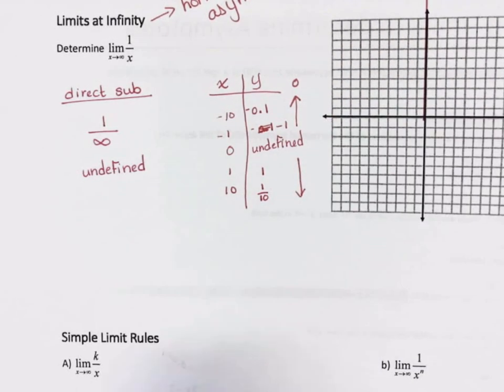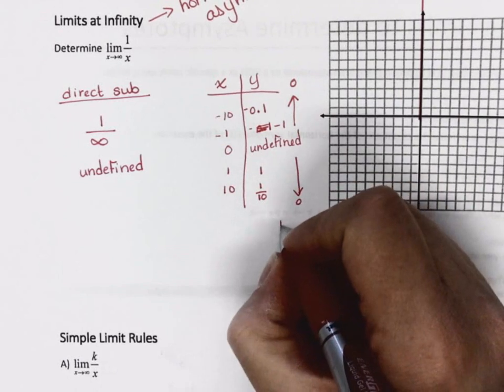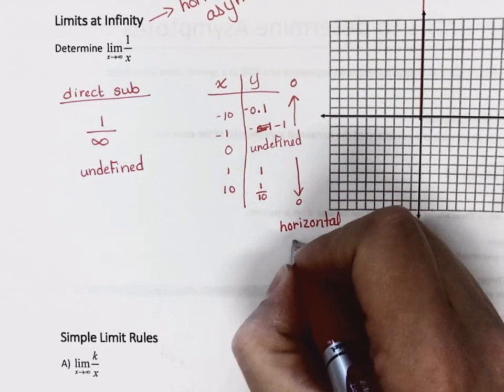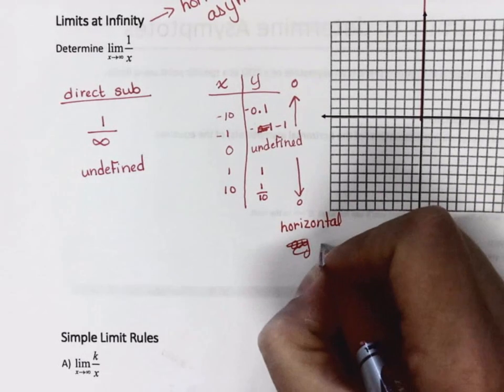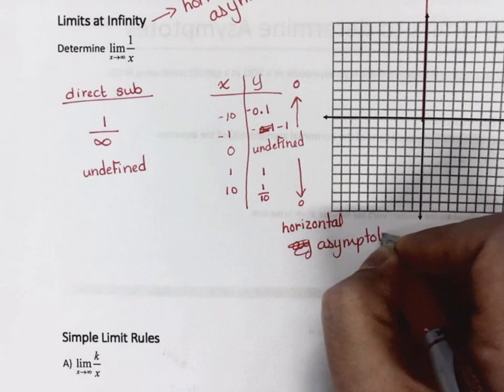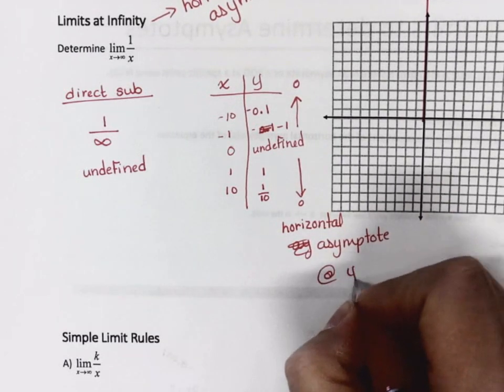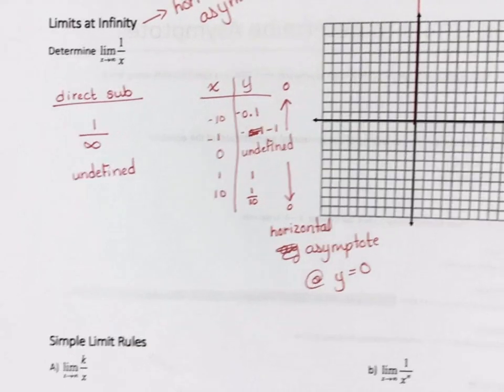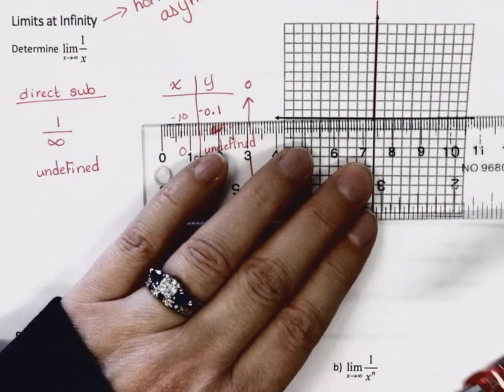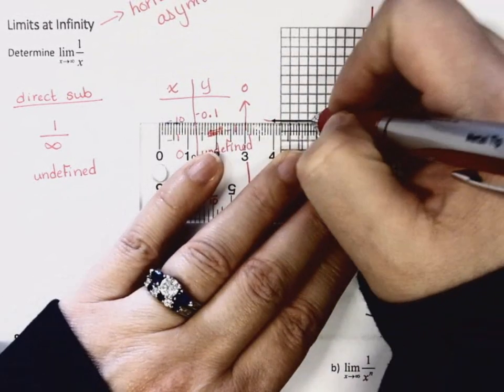We're headed to 0 here. So that means I have a horizontal asymptote at y equals 0. Now remember, we had the 3 rules that we had to use. So we have an asymptote here.